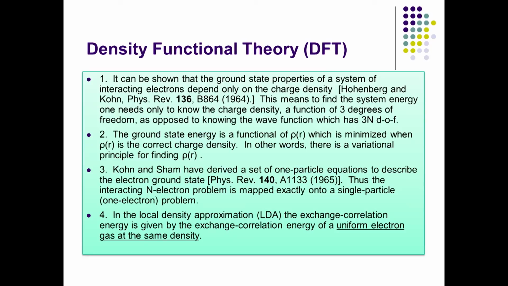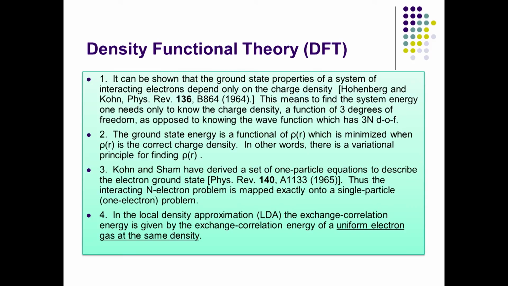So, now you do not have to deal with 3n degrees of freedom, and then what we are also approximating, the local density approximation, is that the exchange correlation energy is given by the exchange correlation energy of a uniform electron gas at the same density.